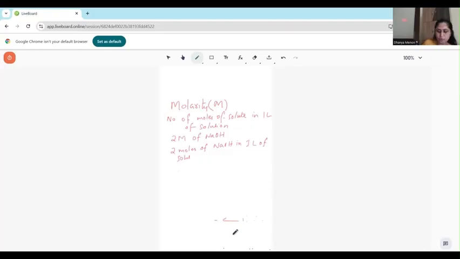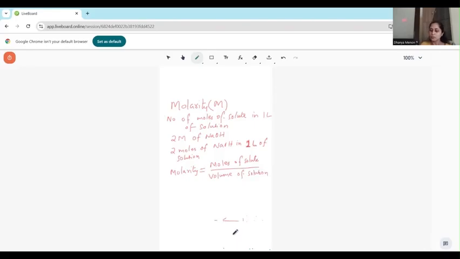So molarity is given by moles of solute over volume of solution. This is the formula for molarity.